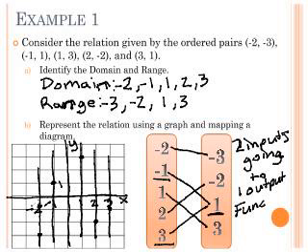So this is a function. That is a function. All right? It's because we don't have one input going to two outputs that would make it not a function. And we don't have that case here. So now we can go ahead and move on to the next part of this lesson.